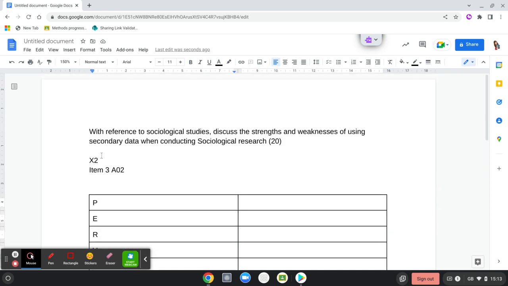Theory: in this example, secondary sources can be both quantitative or qualitative.